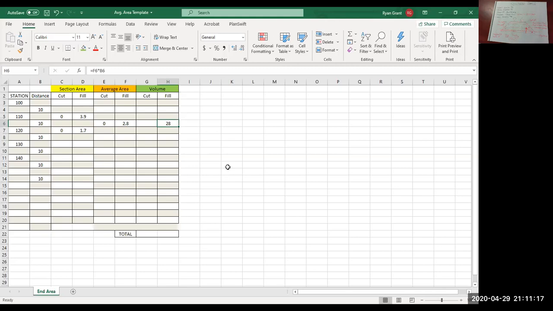Again, you'll fill out all of these. All of these cells are simple calculations that you're doing in Excel. It's only these two columns where you have to measure on your drawings.